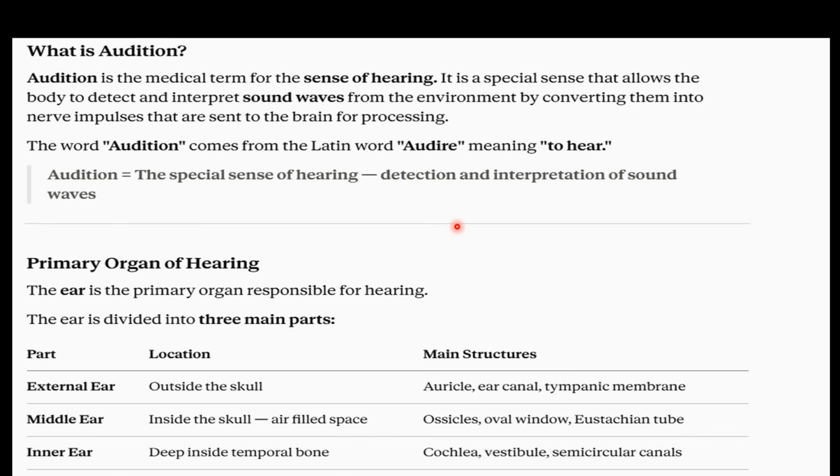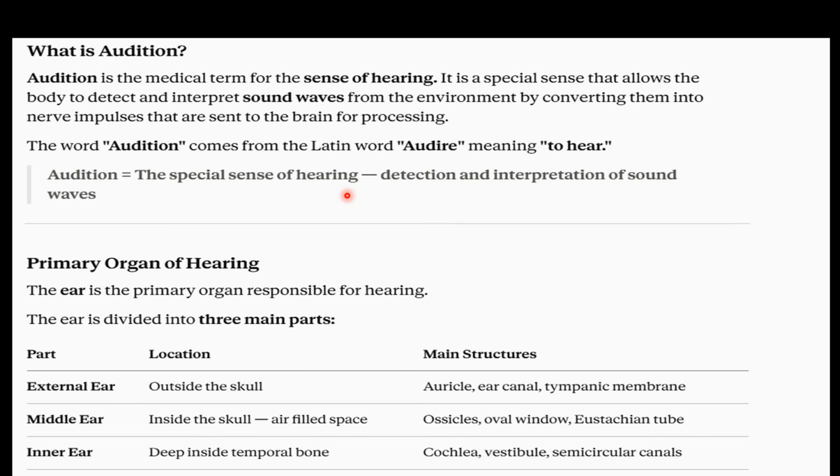That is the reason why we are calling it a special sense. Now, the word audition comes from the Latin word audire, which means to hear. So we can conclude that audition means the special sense of hearing, detection and interpretation of sound wave.